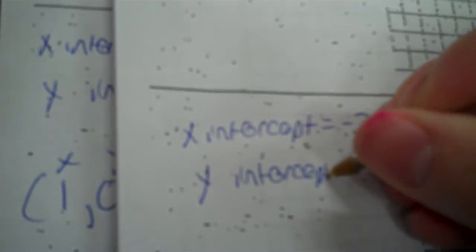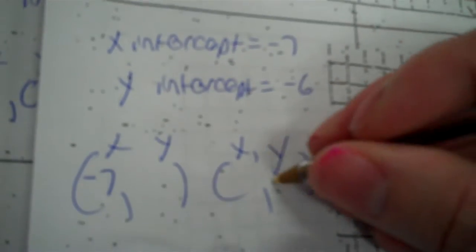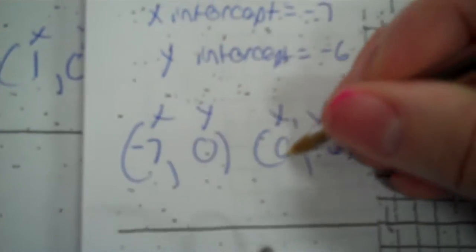Okay, x-intercept is negative 7. The y-intercept is negative 6. So negative 7 is my x-intercept, and my y-intercept's negative 6, so 0, 0. This is x, this is y. Remember, positive this way, negative this way, positive, negative.